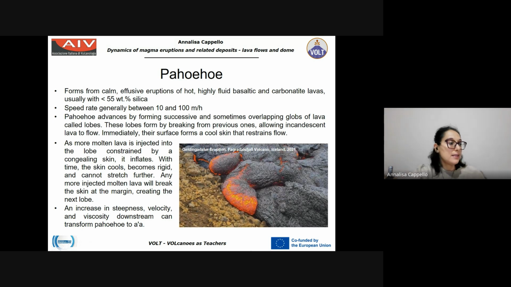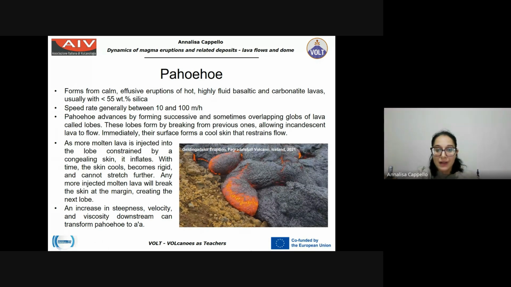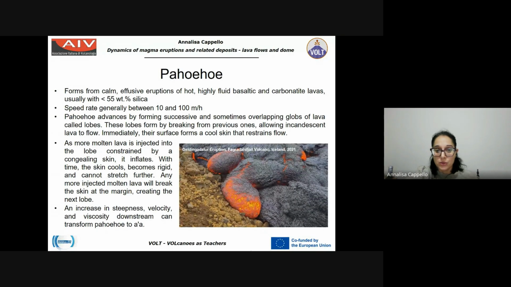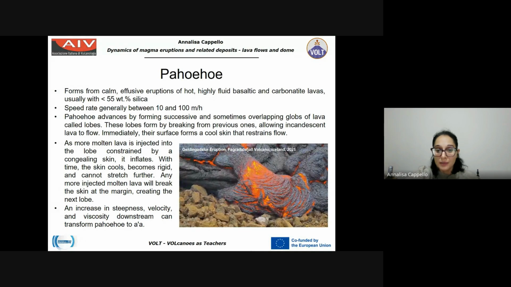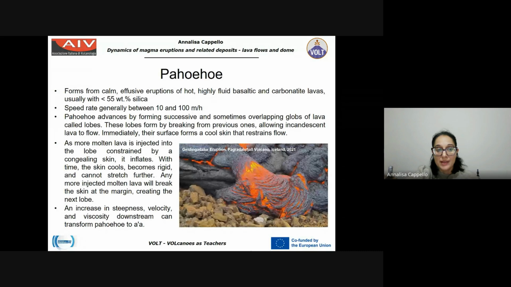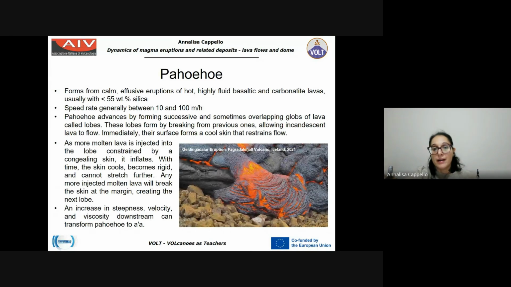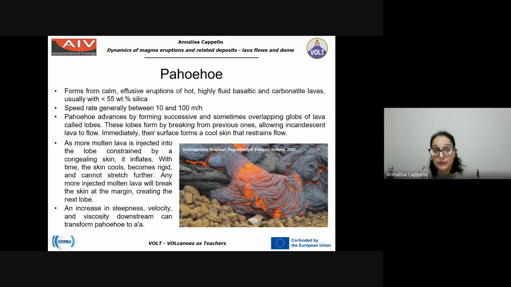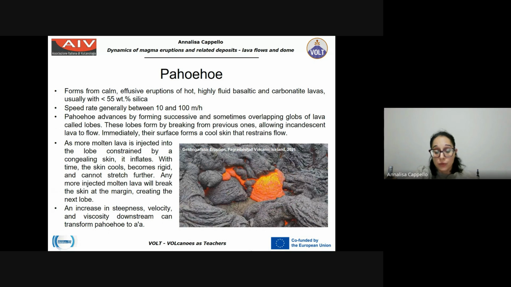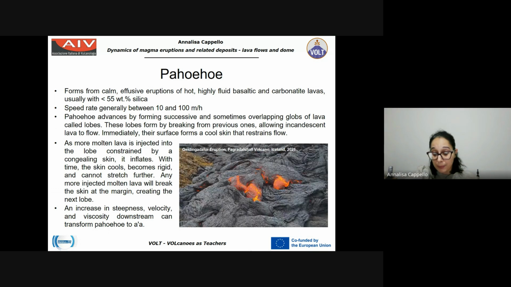This is a video of a pahoehoe lava, in particular during an Icelandic eruption in 2021. As you can see, these eruptions are very calm, characterized, indeed, by highly fluid basaltic lavas with silica content less than 55%, with a speed that goes between 10 and 100 meters per hour.